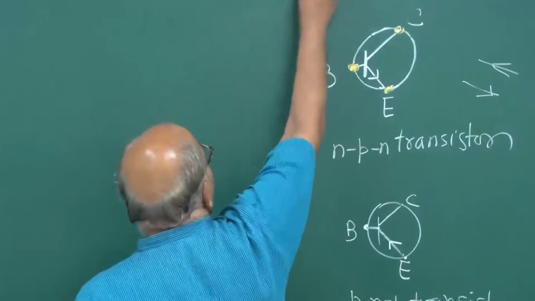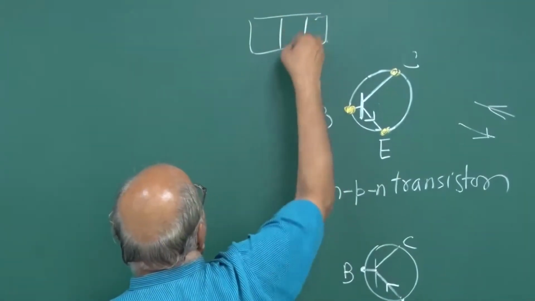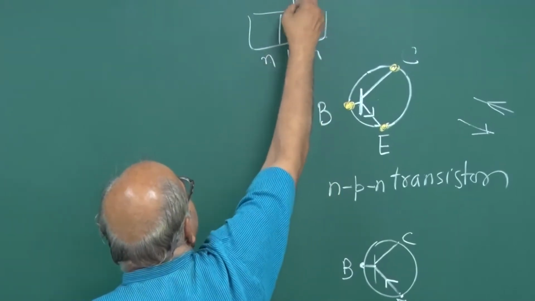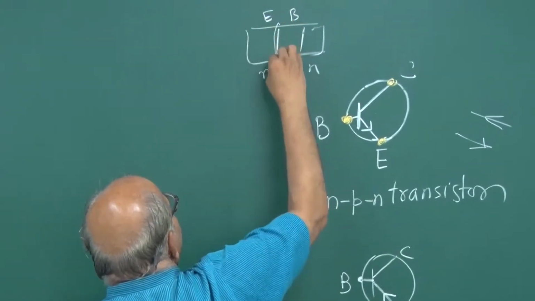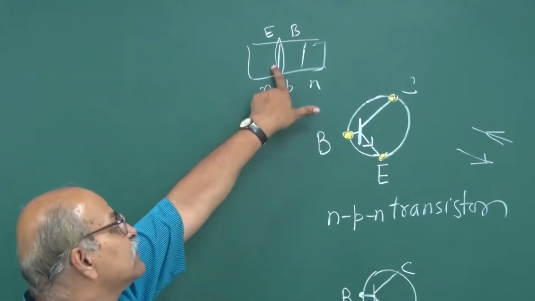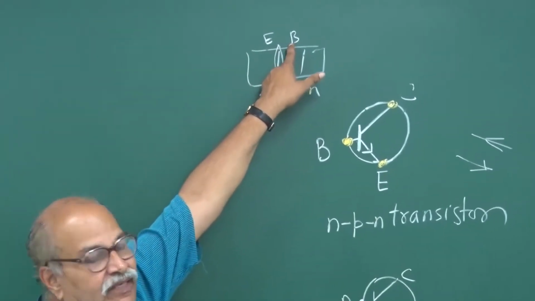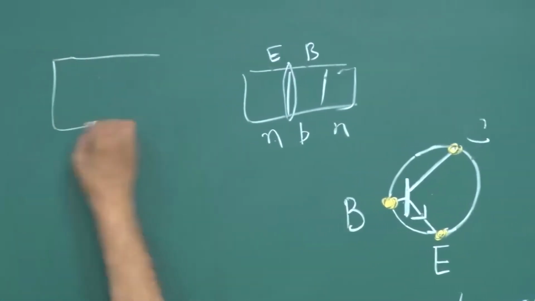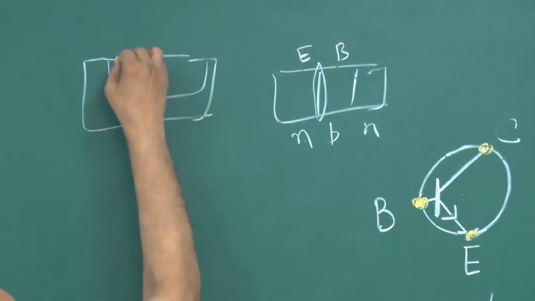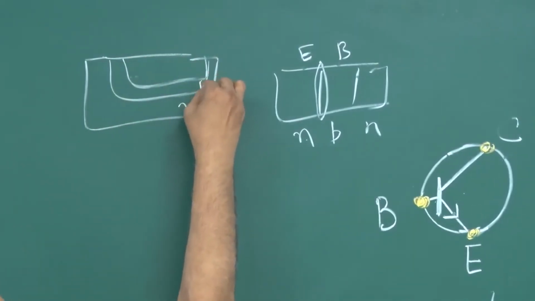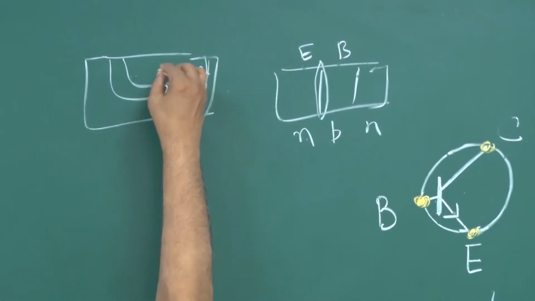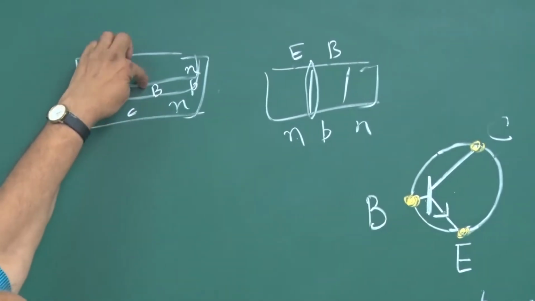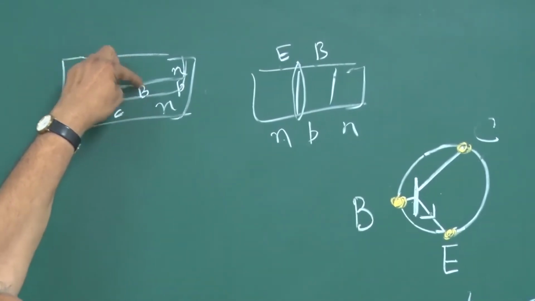If you think of this diagram, if this is P, this is N, this is P, this is N, and if this is base and this is emitter, then the PN junction here is between emitter and the base. Or if you use this diagram, this is N, this is P, and this is N, and if this is base, this is emitter, and this is collector, then we are talking of this PN junction here between emitter and base.